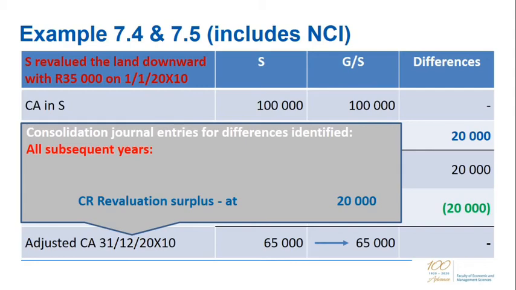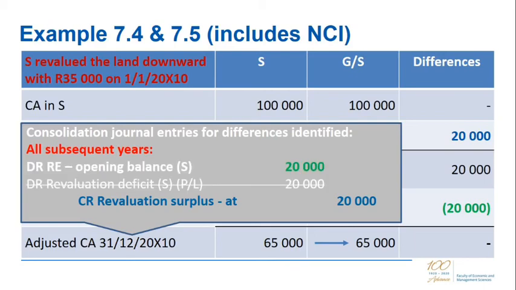But in 20X11 and all subsequent years, the revaluation deficit of 35,000 Rand has now moved to the retained earnings opening balance of S, where all profit and loss items are closed off to. If I then have to identify the debit leg of this journal entry for the item in S that's different from what it should be in the group, the debit then goes to retained earnings opening balance of S.